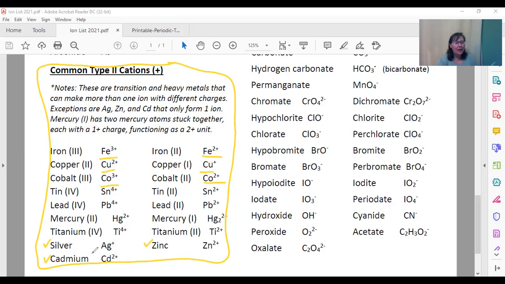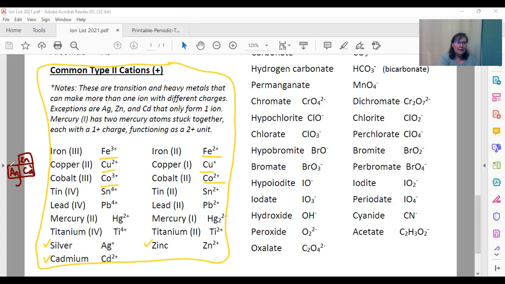And if you look at them on the periodic table, you can see right there silver, cadmium, and zinc, and they form this little block like this, where you have the zinc here and then the silver and the cadmium.